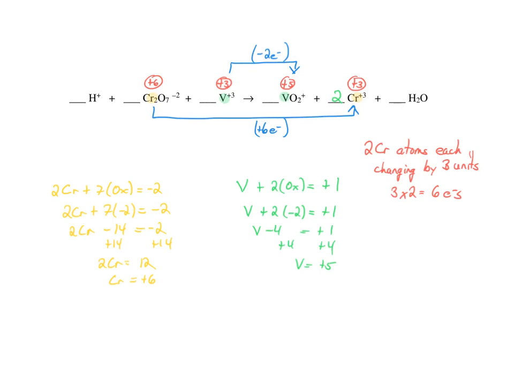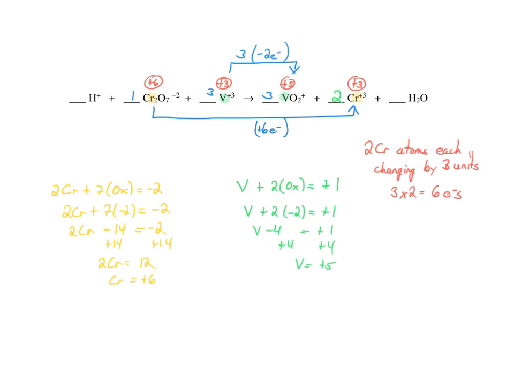Now we need to balance the electrons lost to electrons gained. 2 and 6, the lowest common multiple is 6, so we need to triple the coefficients associated with vanadium. Those associated with chromium remain the same.